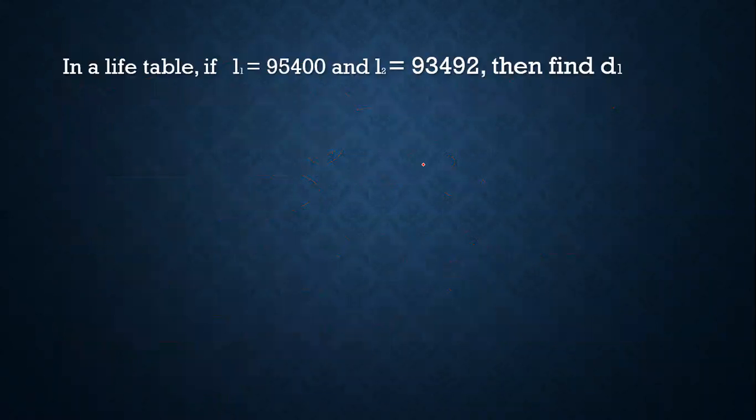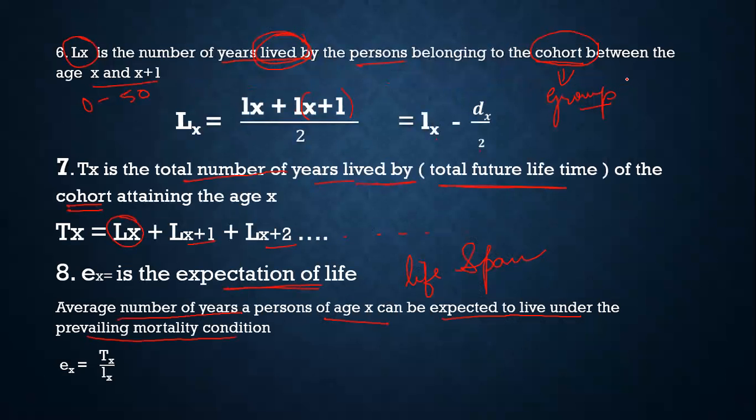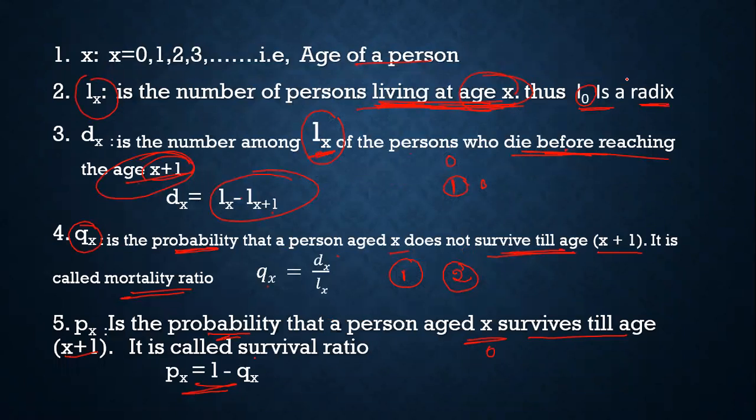We'll go with small problems where you can understand more easily. In a life table, if L1 is equal to 95,400 and L2 is 93,492, you have to find D1. Now what is D1? D1 means Dx. Consider that 1 as x. Now what is Dx?